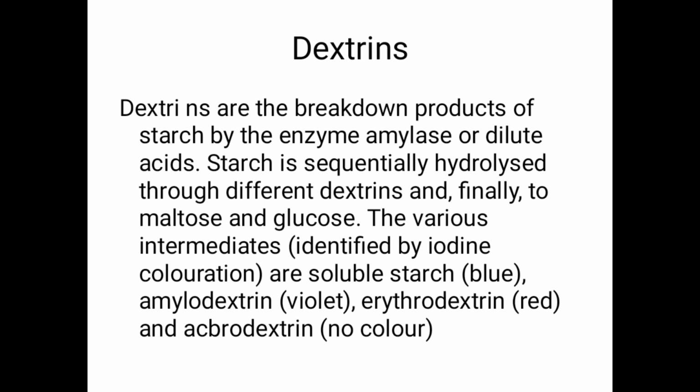The various intermediates, identified by iodine coloration, are soluble starch, amylodextrin, erythrodextrin, and achroodextrins. Whatever intermediates are formed, they are analyzed qualitatively. So dextrins are the breakdown products of starch by amylase or dilute acids, sequentially hydrolyzed through different dextrins and finally to maltose and glucose.